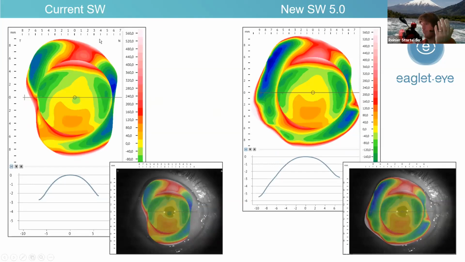Here is the same kind of example, with a bleb on top, missing the temporal and the nasal side. You see, probably we're missing a little bit, but we have gained a lot of information, at least on the temporal side of this measurement. So it is just giving more coverage.